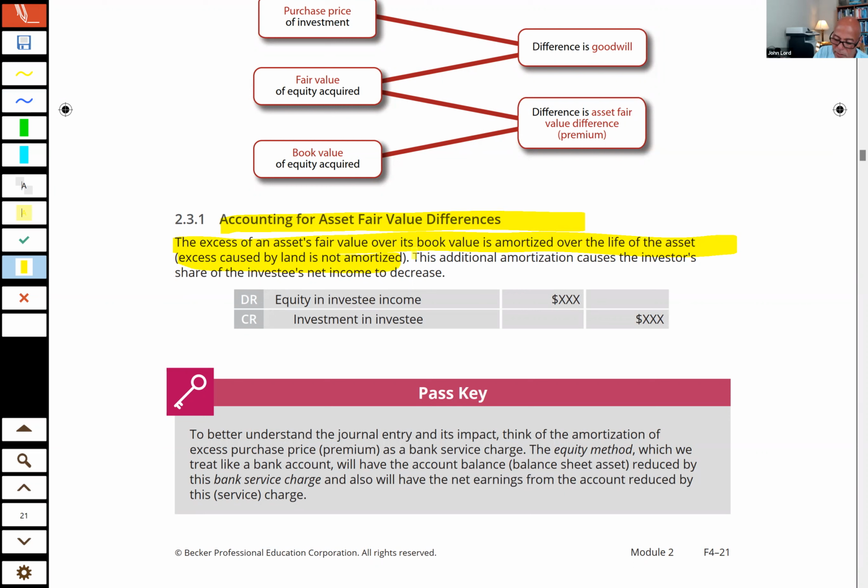But if the excess is attributable to an amortizable or depreciable asset, we are going to reduce the amount of income we've taken. Think of it like there's excess depreciation that wasn't reported in the net income of the investee.